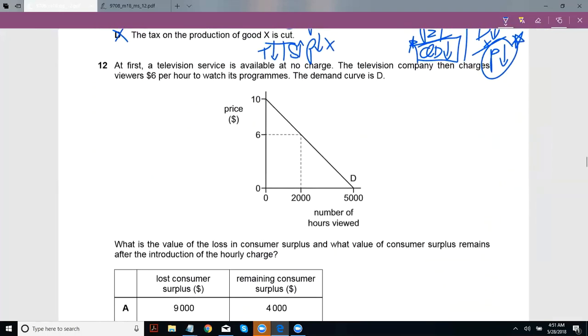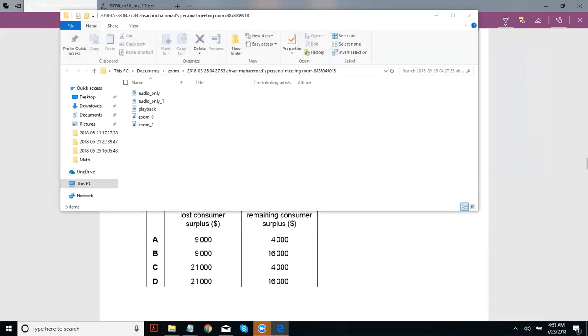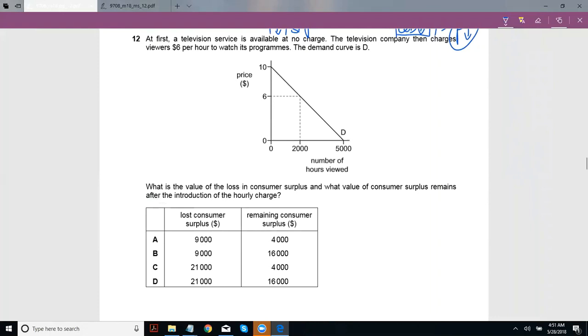12. At first, a television service is available at no charge. The television company then charges viewers $6 per hour to watch its programs. The demand curve is D. What is the value of the loss in consumer surplus, and what value of consumer surplus remains after the introduction of the hourly charge?